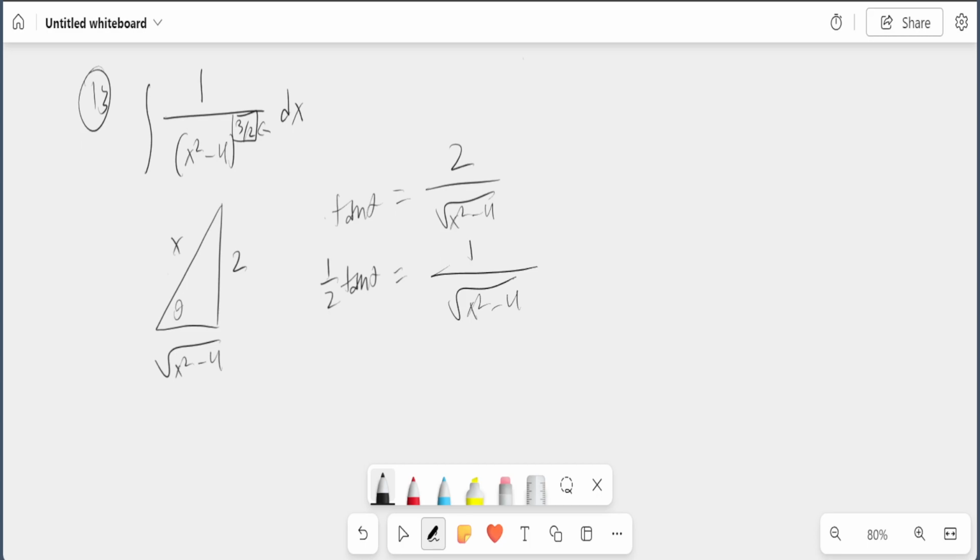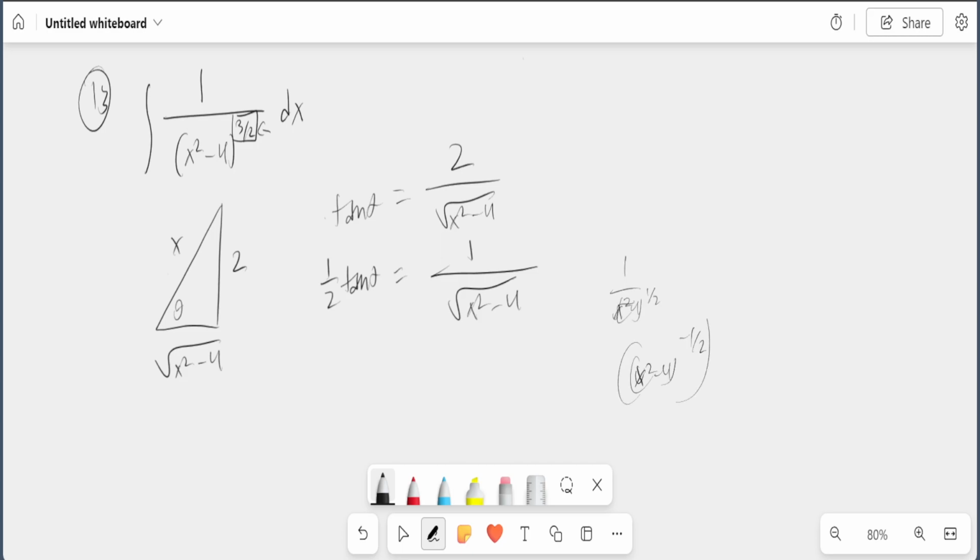Okay, so that's one piece of our puzzle. Actually, that isn't done yet. We want a 3 over 2 in our denominator, right? So we want to raise both sides to the, well, it's already to the 1 half power, so that's x squared minus 4 to the negative 1 half.